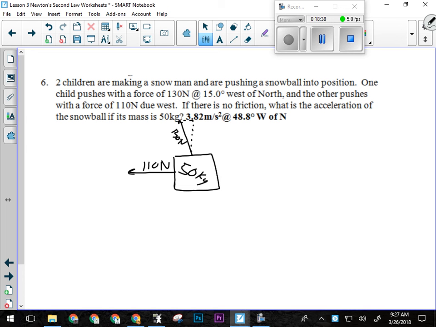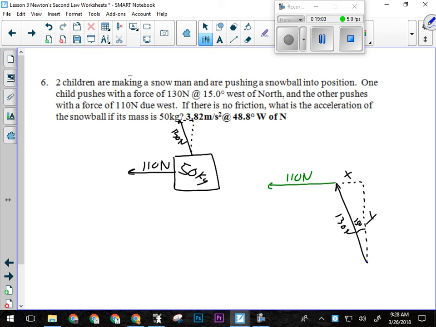The way to figure that out is to draw a vector diagram of that. I'm going to start out with the 130 Newton force. This will be our y, and this will be our x. And then we have our 110 Newton force going due west.